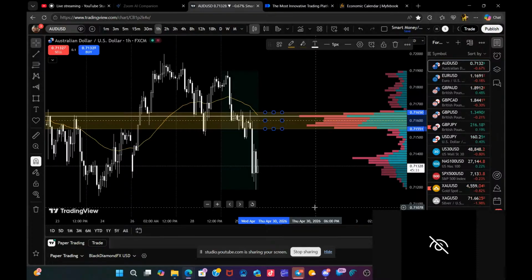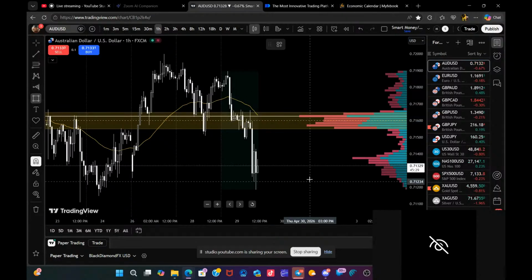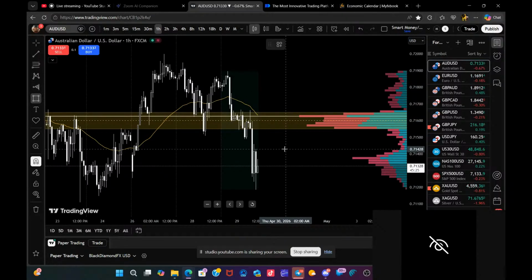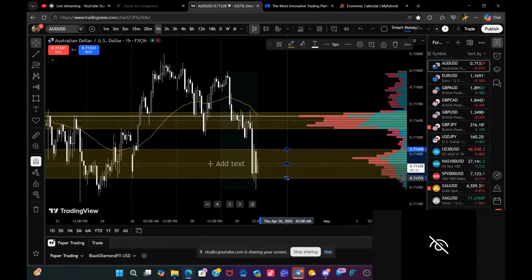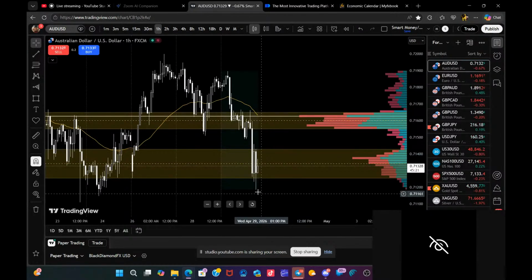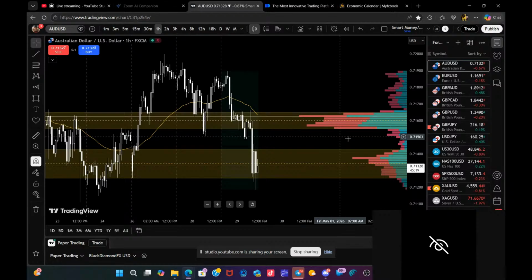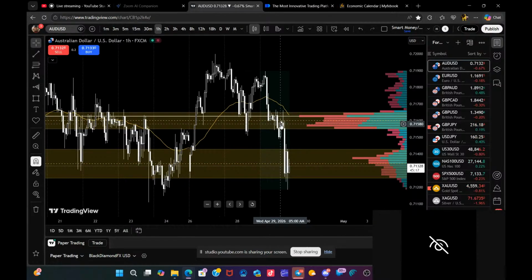All right. So we got there. And we got here. Let's see. I'll mark this node there. All right. So we came down, we broke out. Probably want to see it break back up into it and then come down.